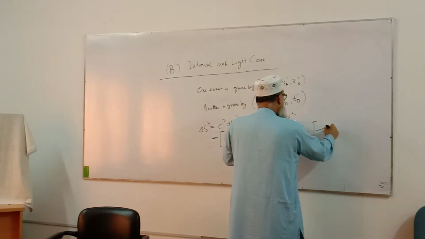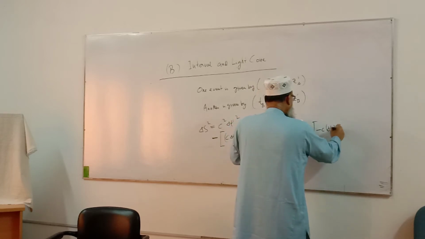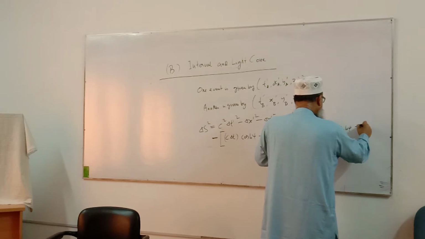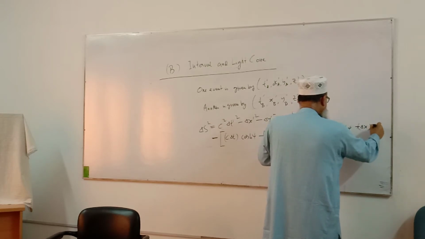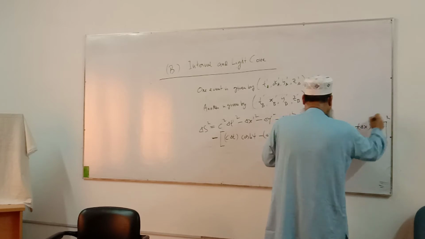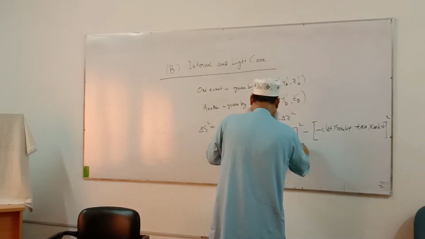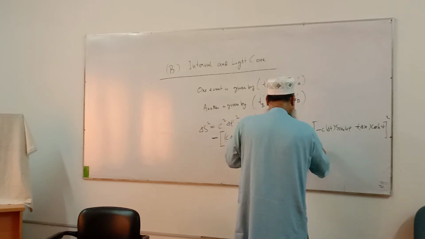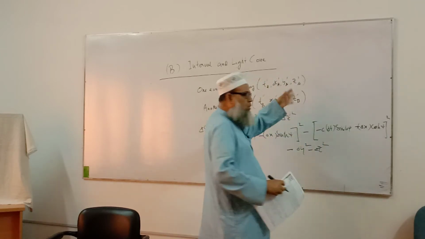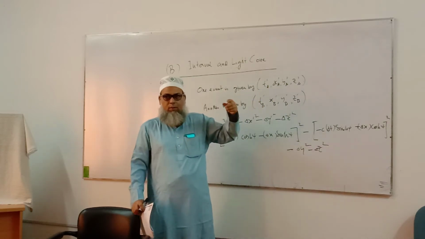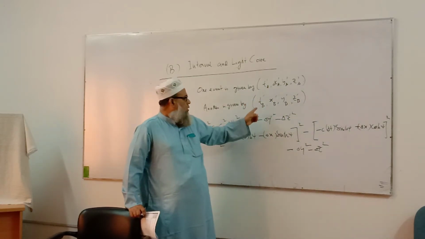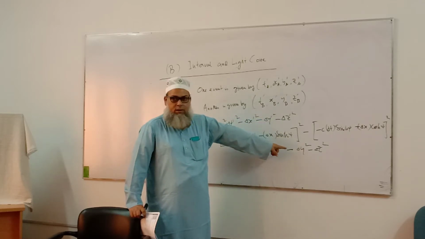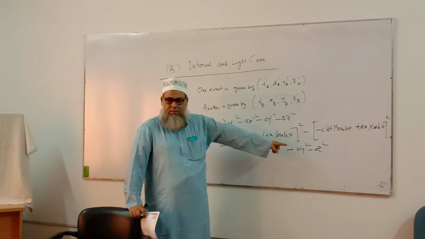Minus c del t sinh psi plus del x cosh psi, squared, minus del y squared minus del z squared, because there is no relative motion in the y and z axes, so the primed squares will be nothing but the unprimed squares, right?